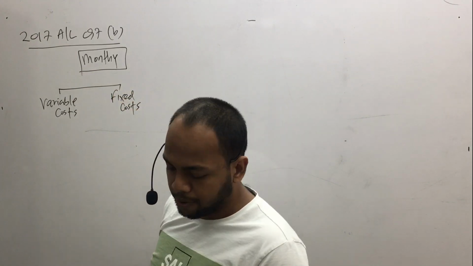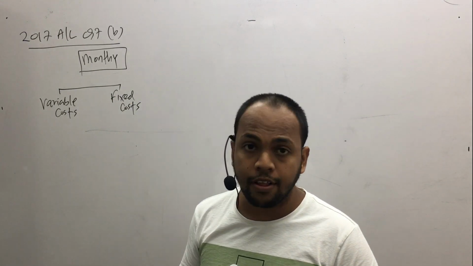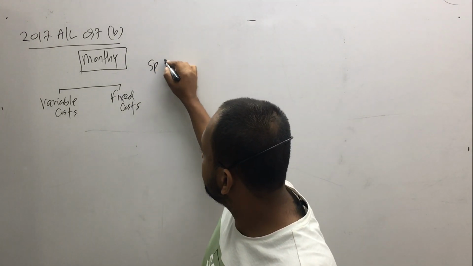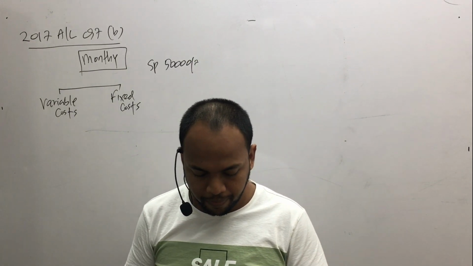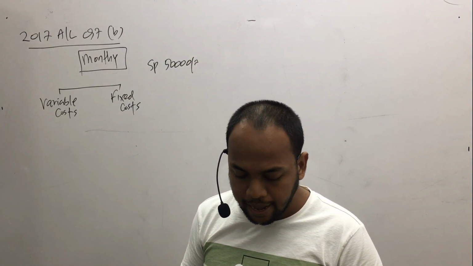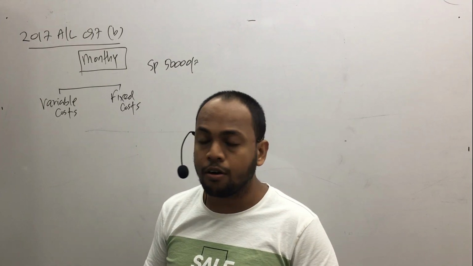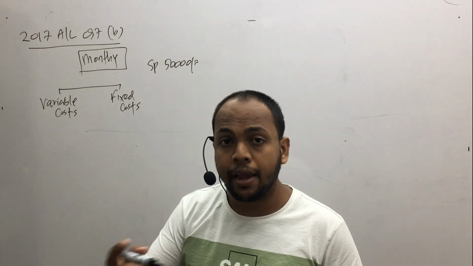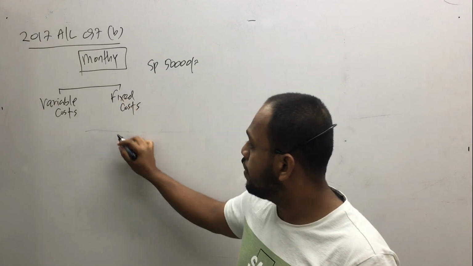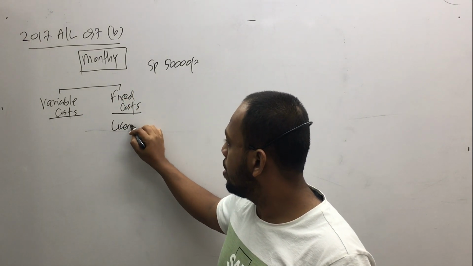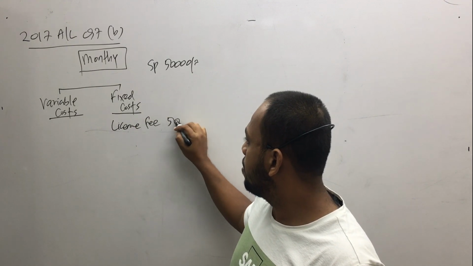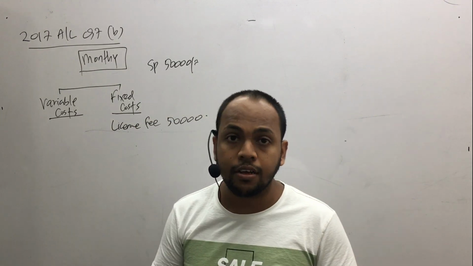So the selling price is 50,000 per unit. They have a license fee per month of 50,000, paid per month, so it's a fixed cost.